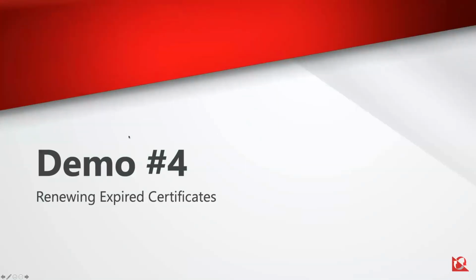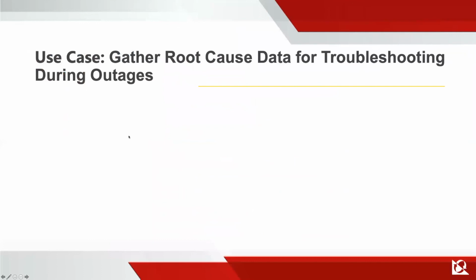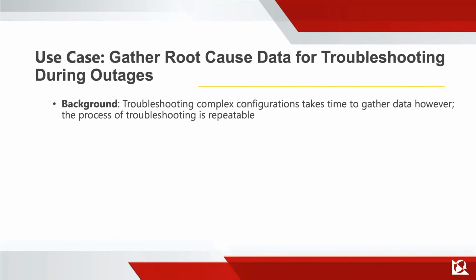All right. Let's get on to our final use case, gathering root cause data for troubleshooting during outages. So the background on this, like I said earlier, most of you probably have complex configuration of load balancing somewhere in your environment. Websites with hundreds of redirections, you have to have a complex configuration for it.